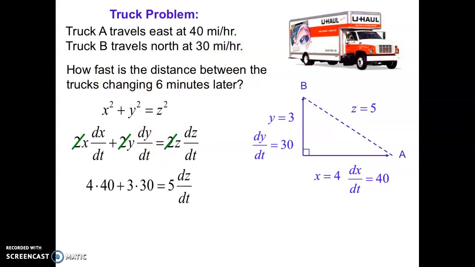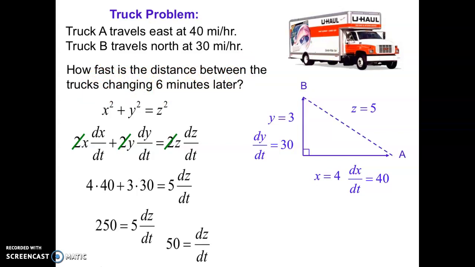So by substituting these values in here, we have 4 for x, 40 for dx/dt, 3 for y, 30 for dy/dt, 5 for z, but the only thing we don't know is what they're asking us for. How fast is the distance between the trucks changing? What is the rate of change of z?